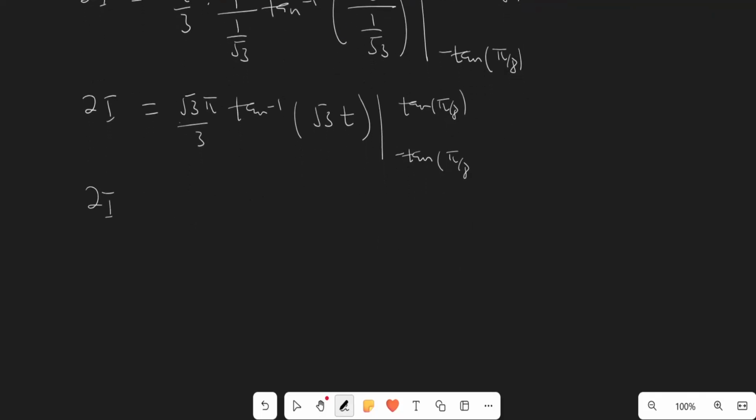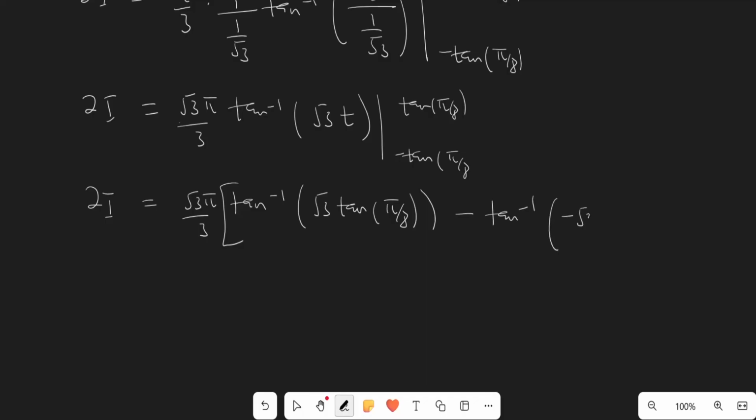Alright, so 2I is going to be the square root of 3 pi over 3, and then you plug in your upper limit. That is going to be tan inverse of the square root of 3 tan of pi over 8, minus the tan inverse of this one. That is going to be the tan inverse of the negative square root of 3 tan of pi over 8.